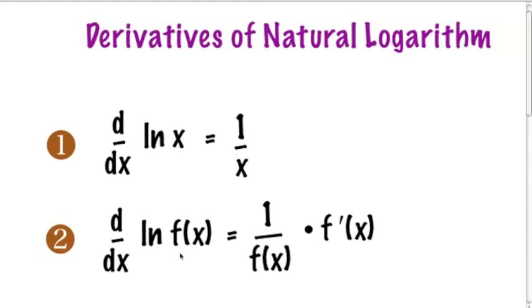This means that this term is more complicated than the x term up here. So the derivative of this, we will get 1 over that function f(x) times the derivative of that function. So it's very simple. Now we move on to examples of the derivatives of natural logarithm.